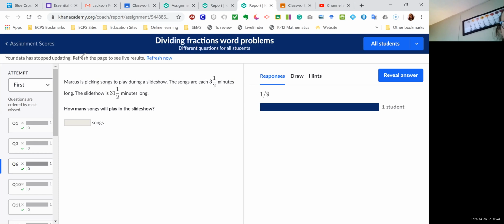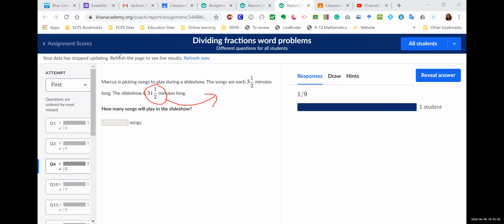So what I'm going to do is rewrite this 31.5, which is the same thing as 31 times 2 is 62 plus 1 is 63. So 63 halves. And then 3.5 is the same thing as 7 halves.